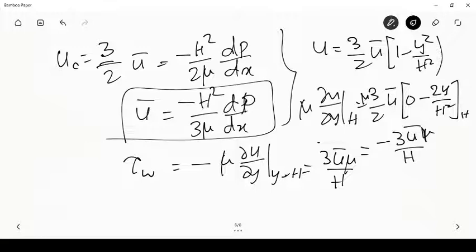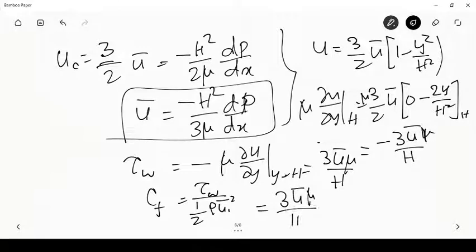So if I write an expression for CF, which is tau wall divided by half rho u bar square, in this case u infinity is replaced by u bar, so this will actually become 3 u bar mu by h, and divided by, so this half will become 2 here, and there will be a rho u bar square that you will get.